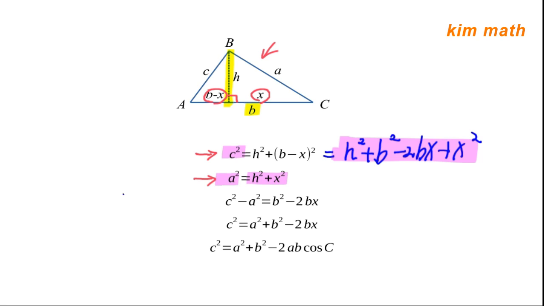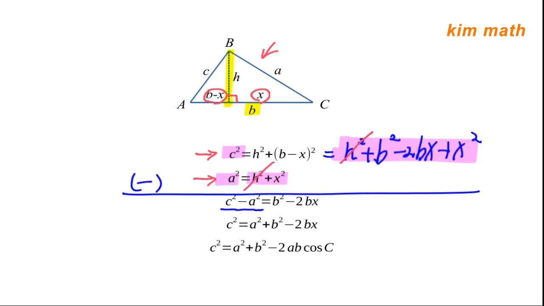If you subtract these two equations, left side, c squared minus a squared, right? And right side, we have some cancellation. h squared will be cancelled out. x squared will be cancelled out. So you have only this one, b squared minus 2bx left.